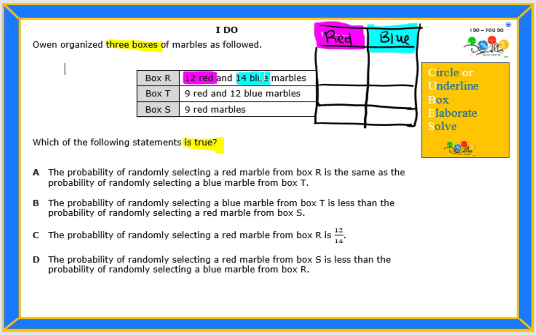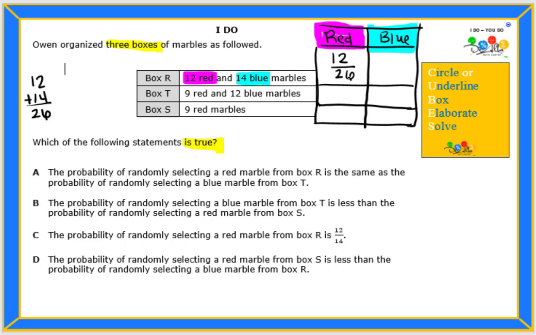So if we're looking for red, we're going to put red over the total. So we have 12 red over, we need a total. So 12 plus 14. So 12 plus 14 is 26. So 12 over 26.